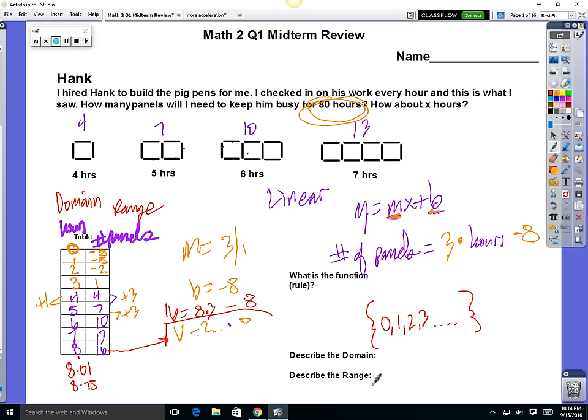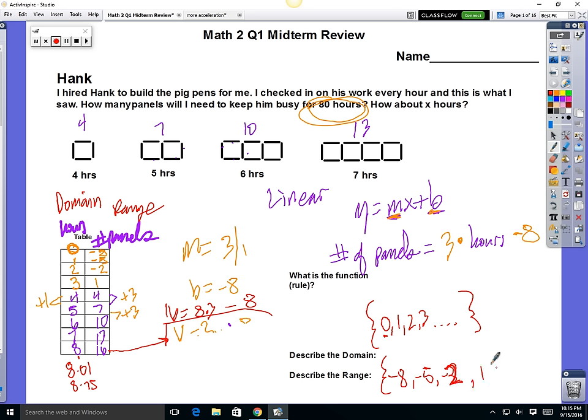The range, if you choose to match up with 0, 0 would give you a -8, and that really does not make sense. You can't have -8 panels. There's really no such thing as -8 panels, -5 panels, -3, 2 panels.